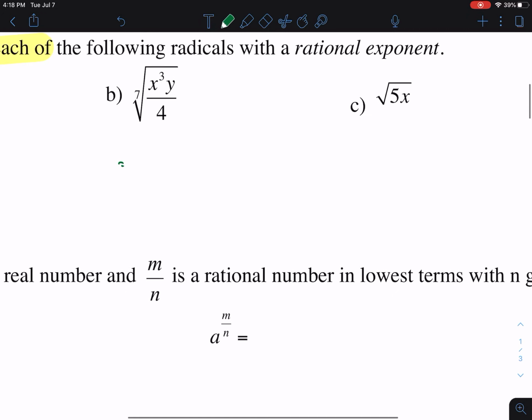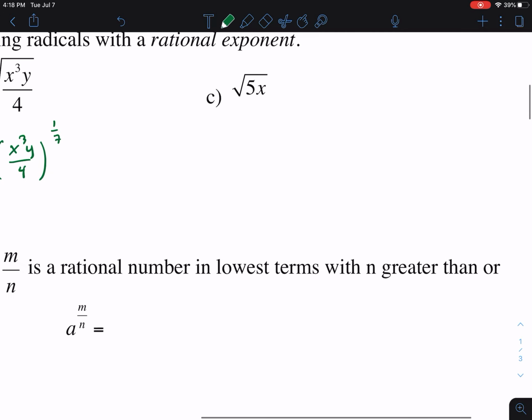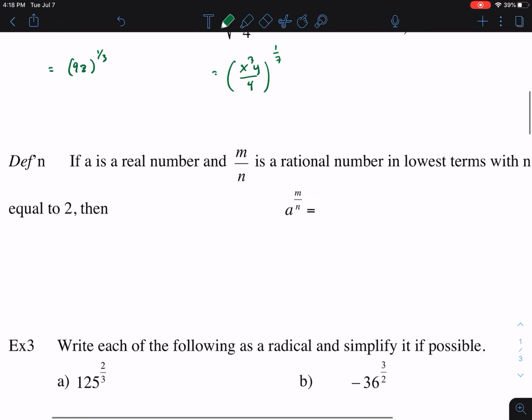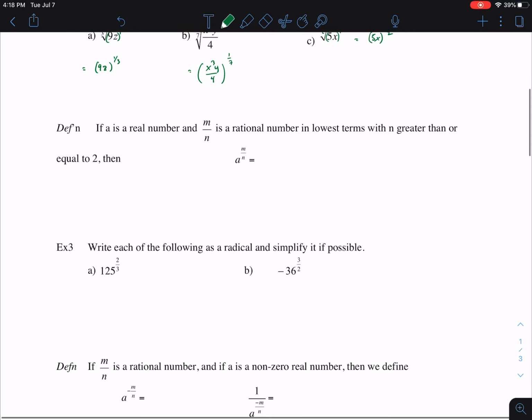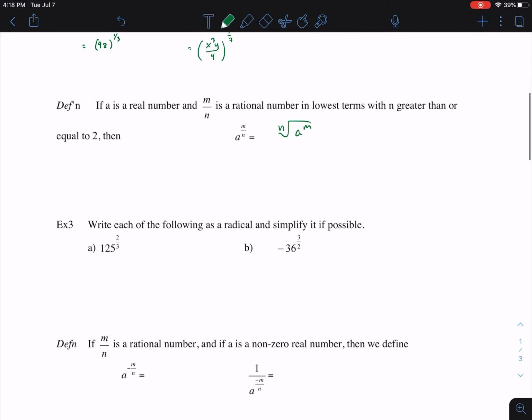Here we can say x to the third y over 4, all raised to the 1/7, right? And here we can say 5x, this is to the first power, and this is squared, so that's 1/2, right? I think I've already done this one here. That was just the nth root of a to the m, right?